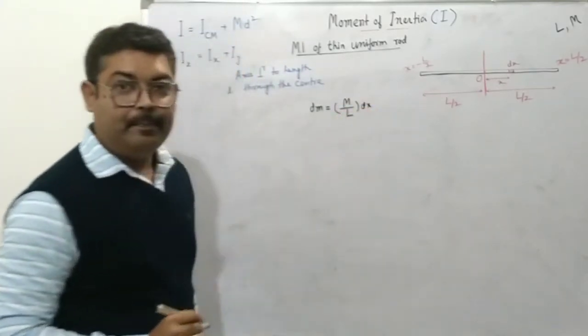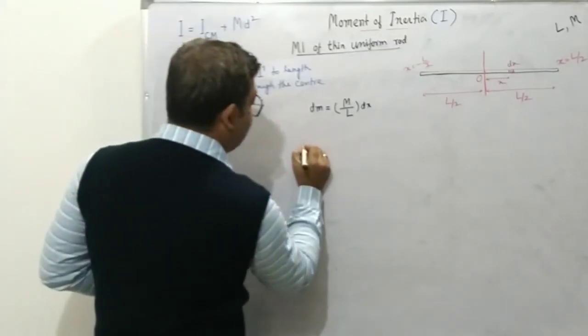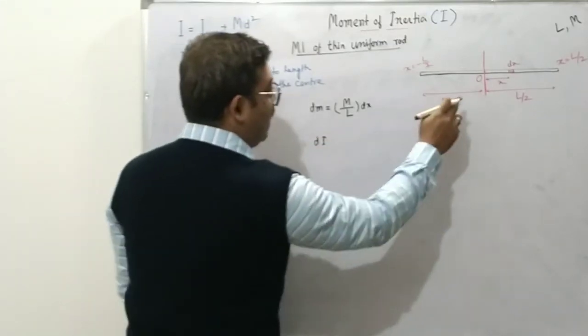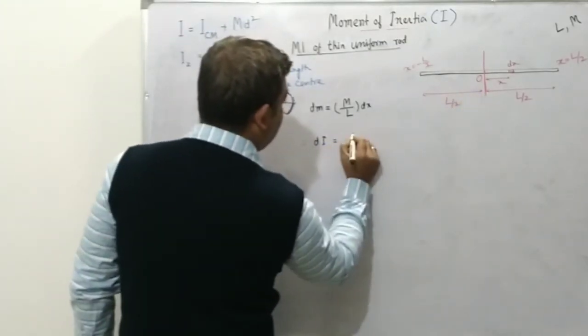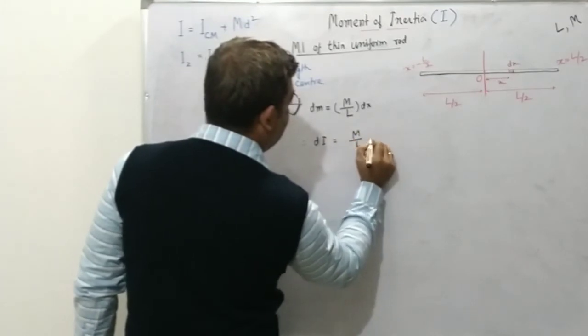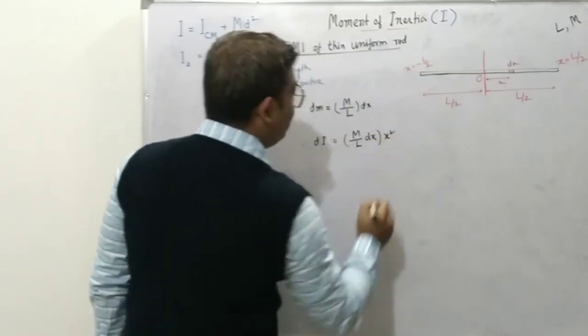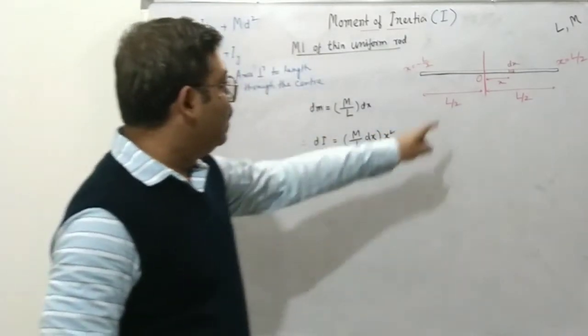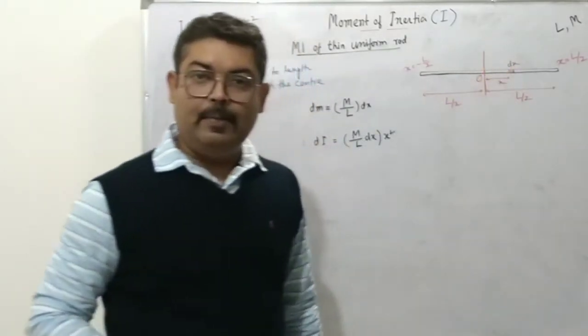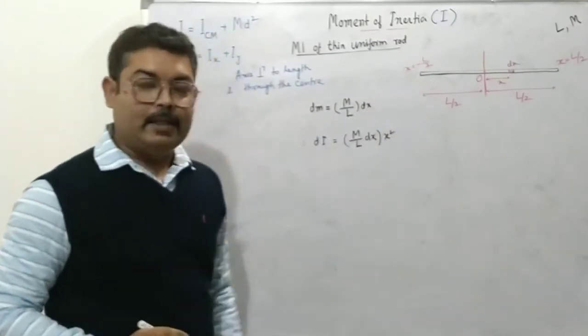We have dm. So the moment of inertia of this element about the given axis will be M by L dx multiplied by x squared, right? x is the distance of the element from the given axis of rotation.